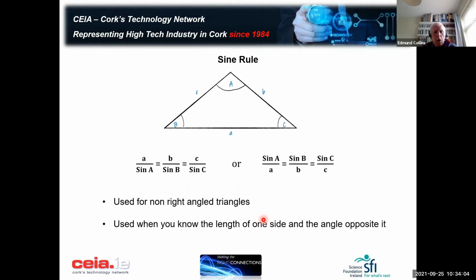Now, we'll come on to the sine rule. Again, it's in your maths tables, and is used quite a bit in problem solving. It's quite a simple rule to remember.